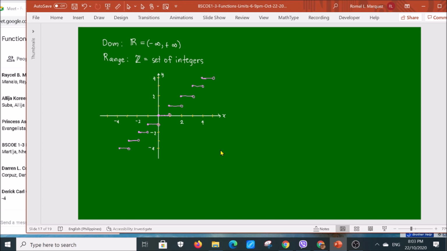Okay, so this is the graph of the greatest integer function, and so on. Now, if you look at the range, the values of y are all integers, no? And for the x, any real number.